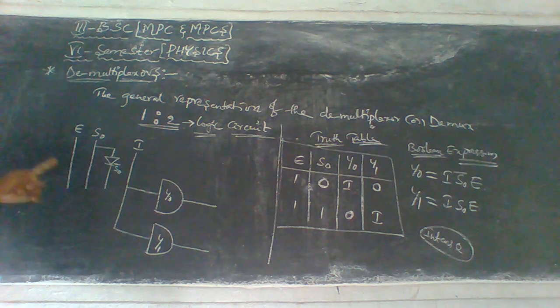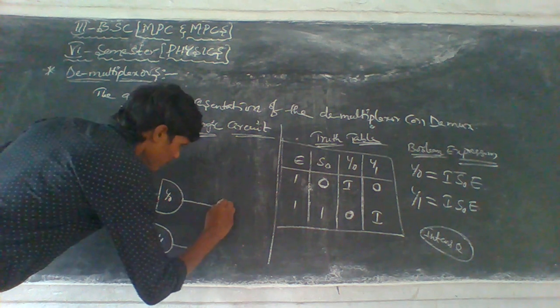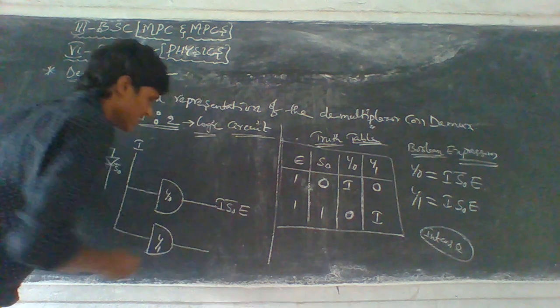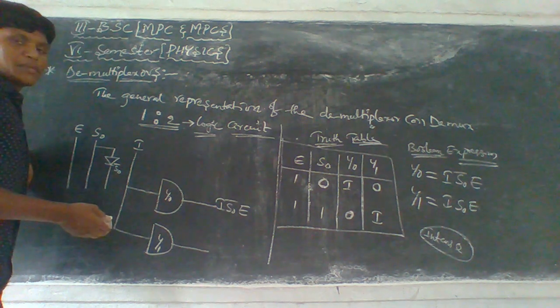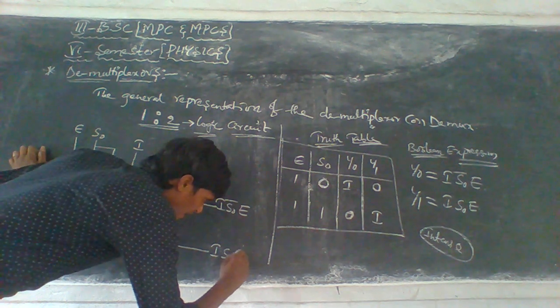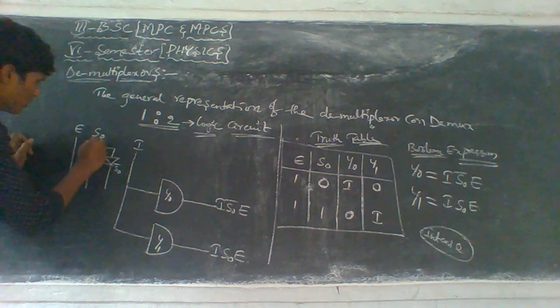The Boolean expression of Y0 is I S0 bar E, and of Y1 is I S0 E.